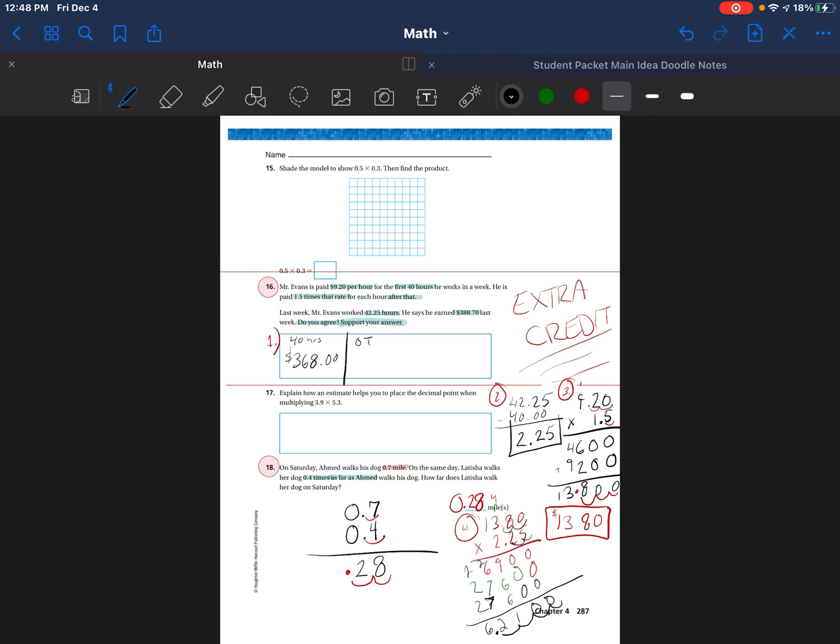Let me double check something real quick, guys. I'm rushing and cramming, which is what I would always say is not a good idea to do. I just want to make sure I am not losing you anywhere. What number is that problem? It's number 16. All right.